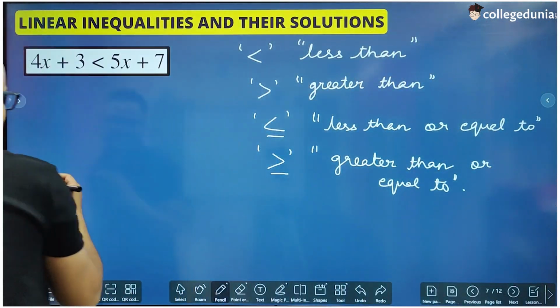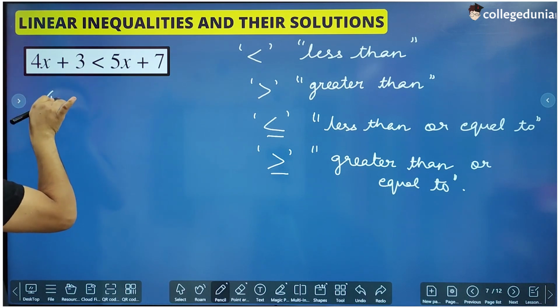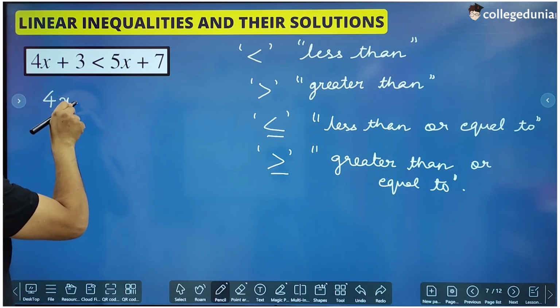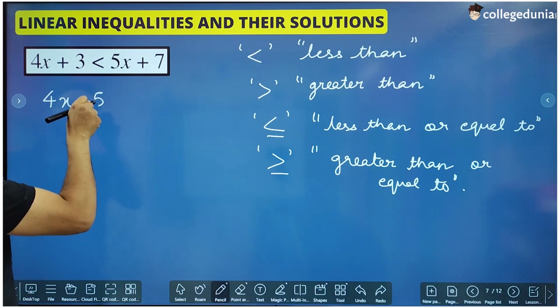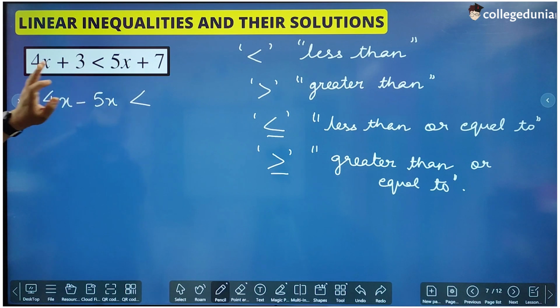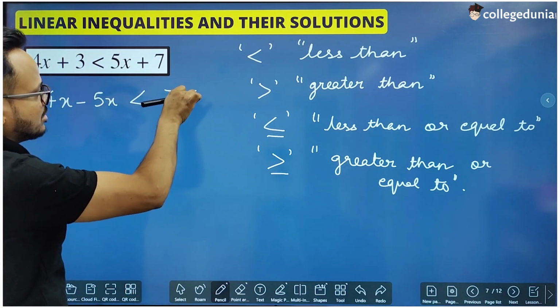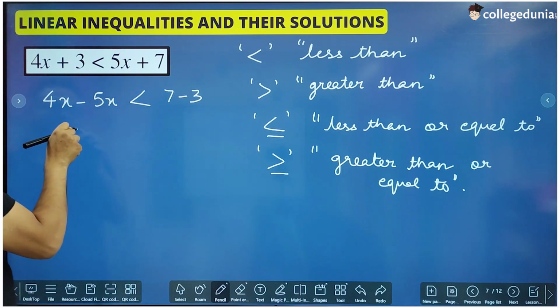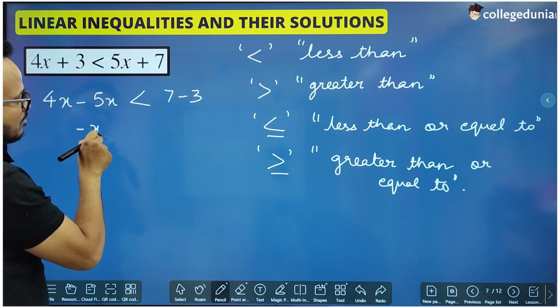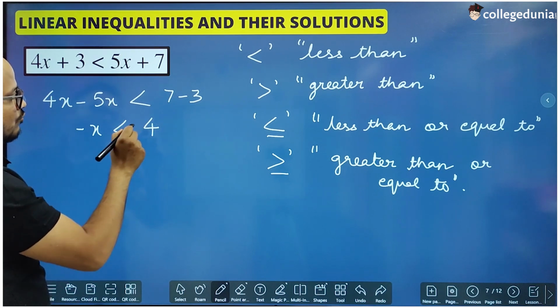We have to follow the same steps. We will shift all terms of x on the left hand side, right? So 4x minus 5x, and shift this 3 on this side, 7 minus 3. So 4x minus 5x is simply minus x, less than 7 minus 3 is 4.